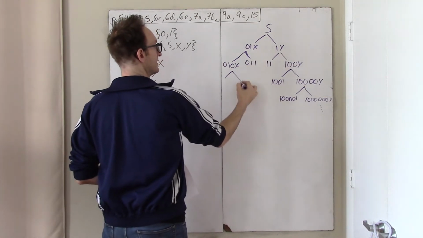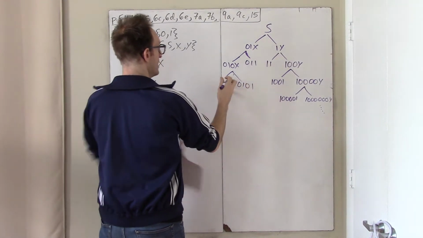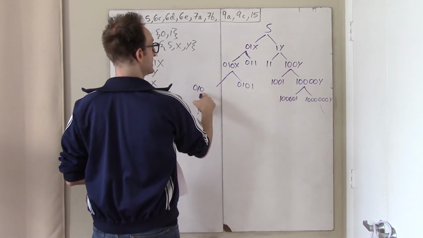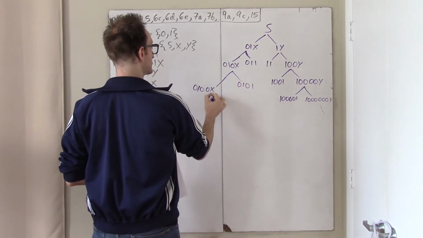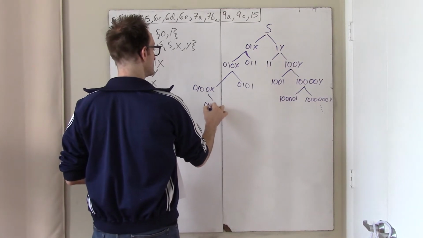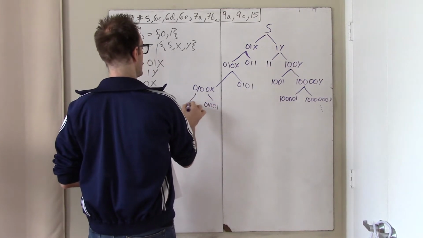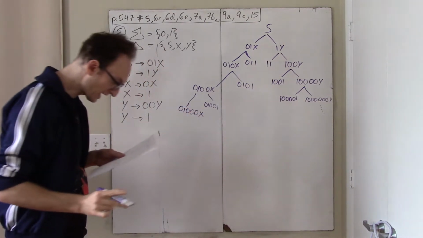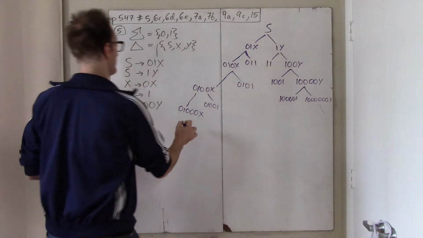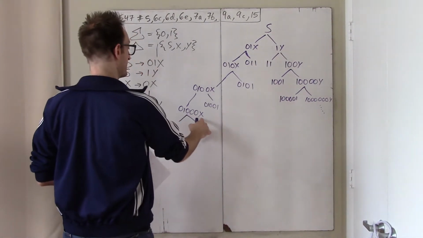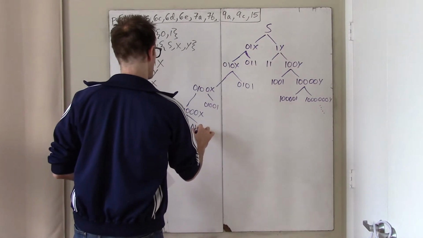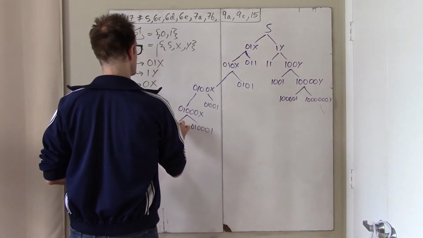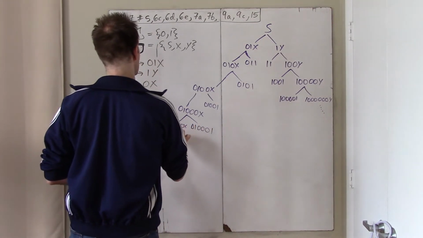Again, that X could get replaced with a 1, giving 0101, or with 0X, giving 010 0X. Once again, that X gets replaced with a 1, or with 0X, and so on.